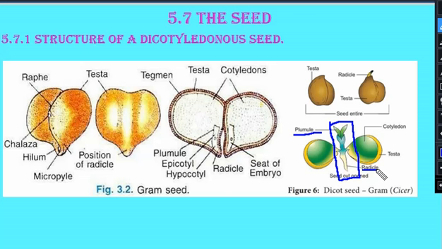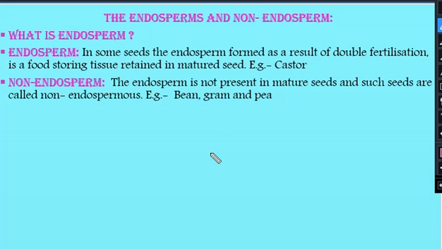Depending on whether the endosperm is retained in the seeds or not, mainly two types of seeds have been identified. The first one is endospermic seeds, or non-endospermous seeds.